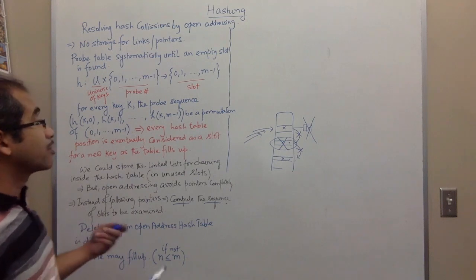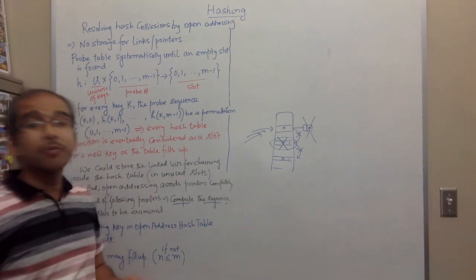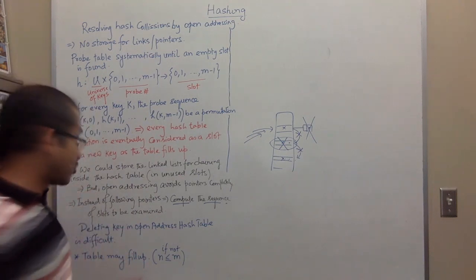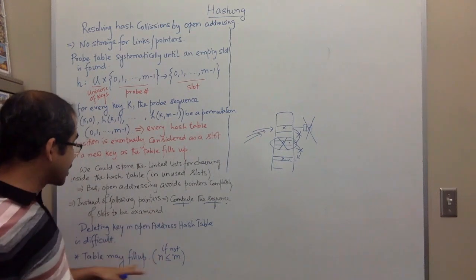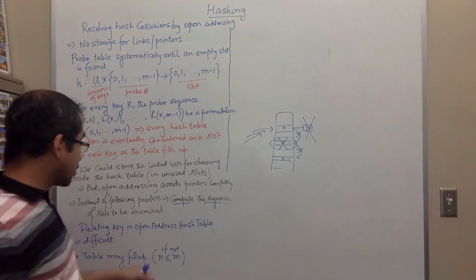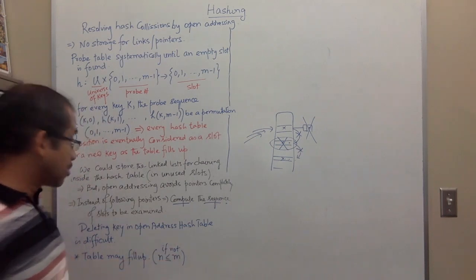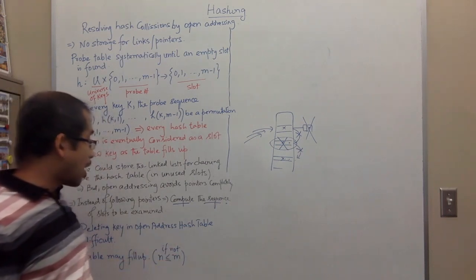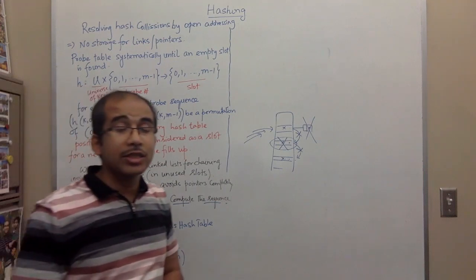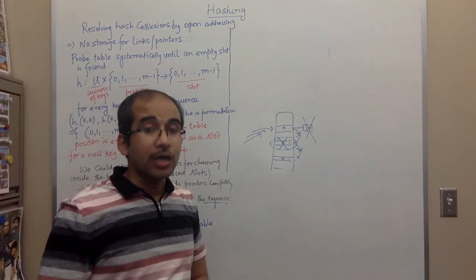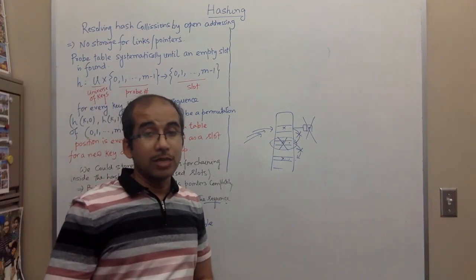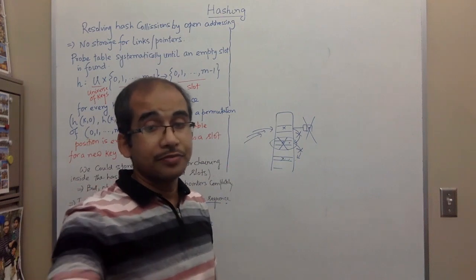If a lot of deletion is involved, it's better to use chaining instead of open addressing. Also, as I said earlier, the table may fill up if n is not less than or equal to m. That means if the number of incoming keys is more than the number of slots, you cannot use any more slots in open addressing.